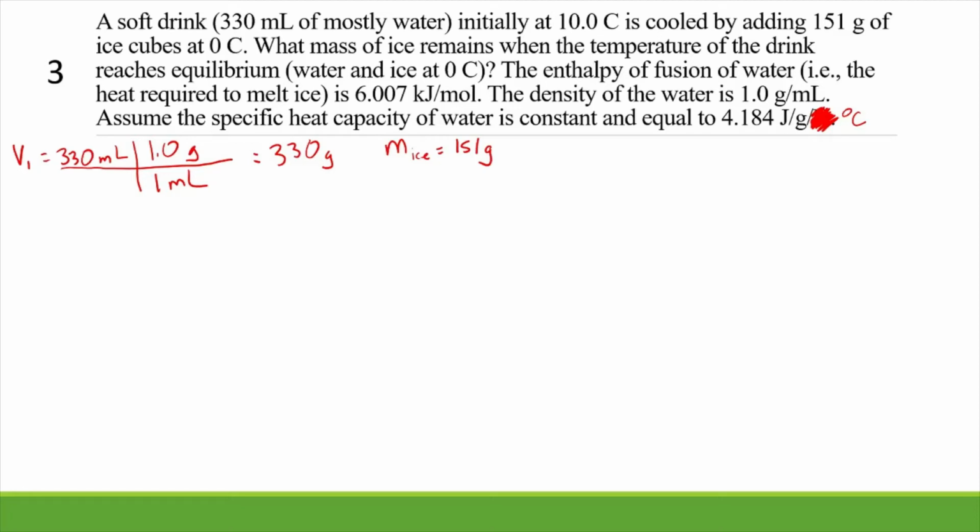We are told that the initial temperature, T0, of the ice is 0 degrees Celsius. And that T final of the ice is also equal to T final of the soda, or water, however you want to say it, and that is 0 degrees Celsius. So we're putting in enough ice so that there's still some left over, but we're cooling the drink down to 0 degrees Celsius.